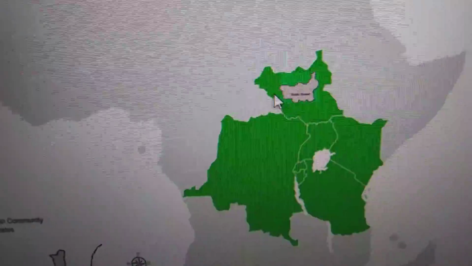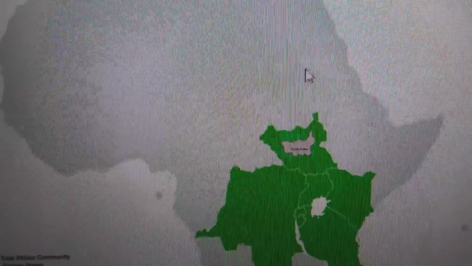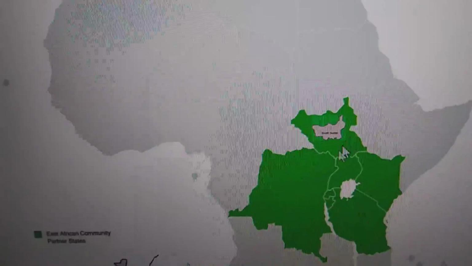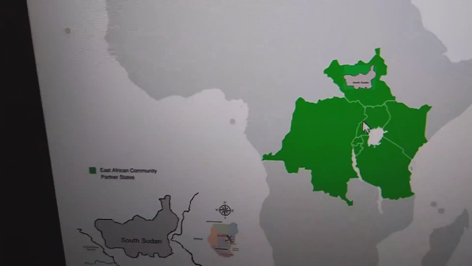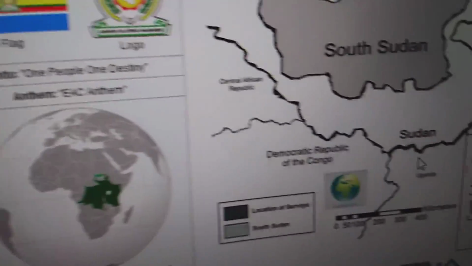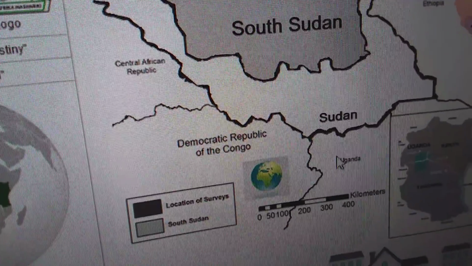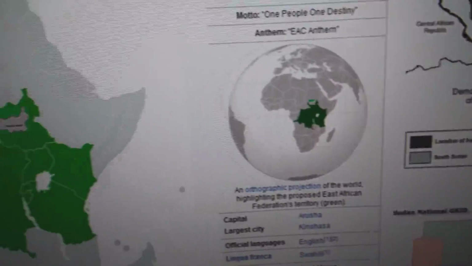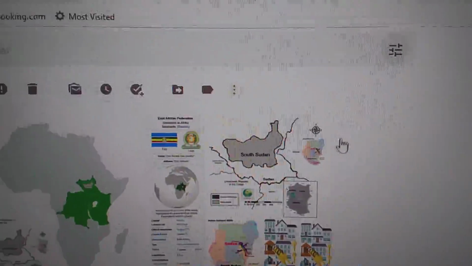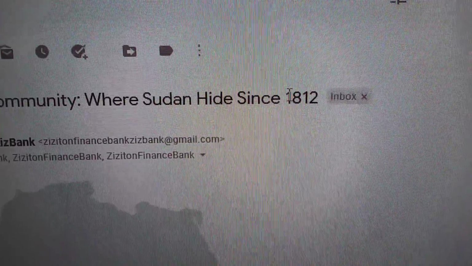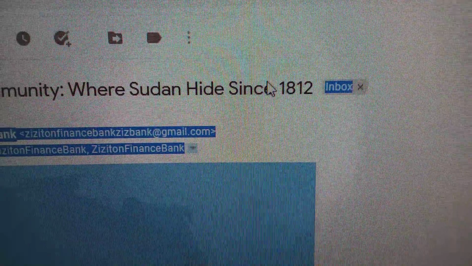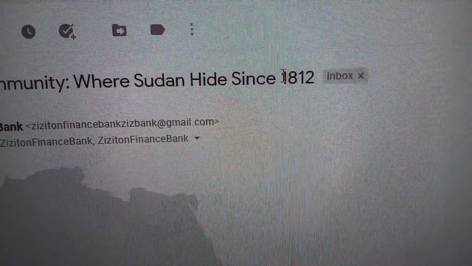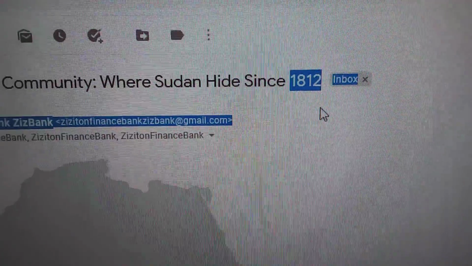Okay, so now we open up here, and give this policy back to Sudan, because Sudan has had the seat with Uganda for many years. As we said, it is more than the age of my grandparents. This is since the year 1812.